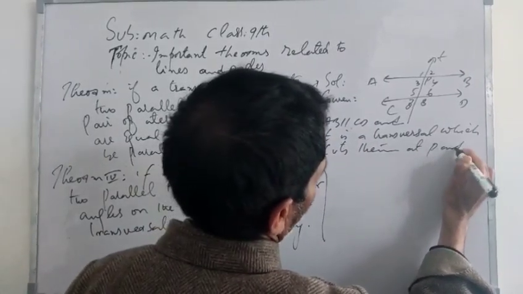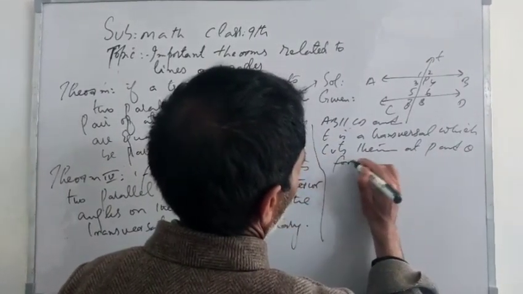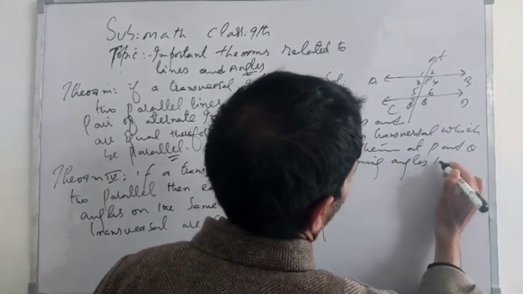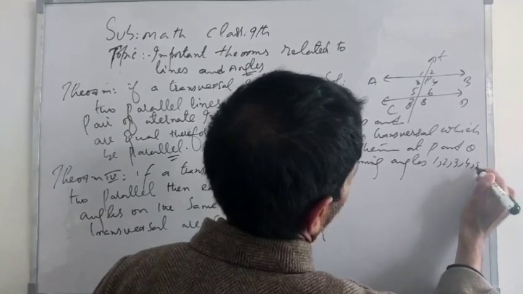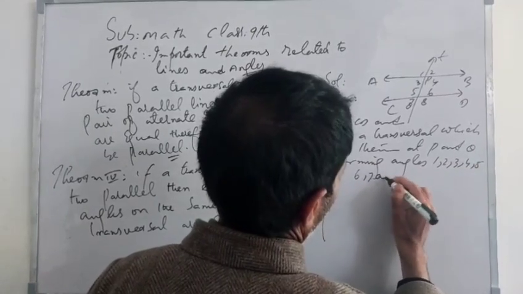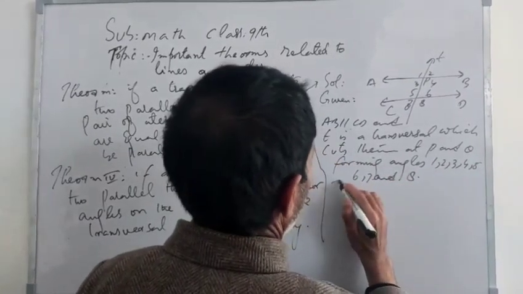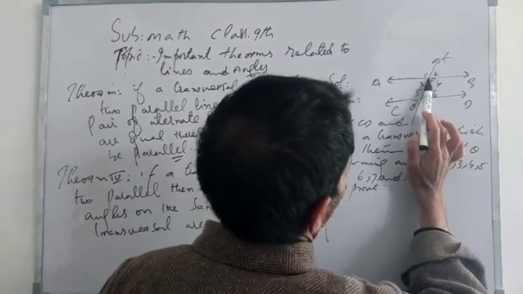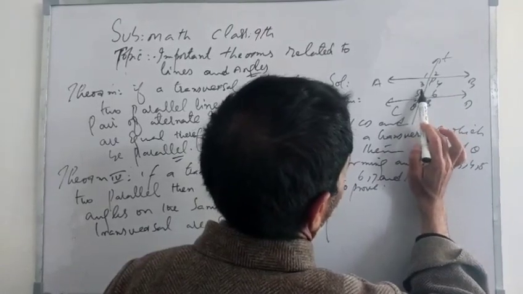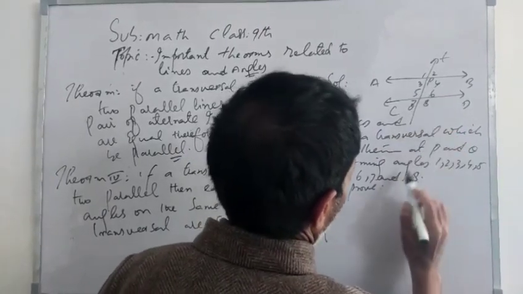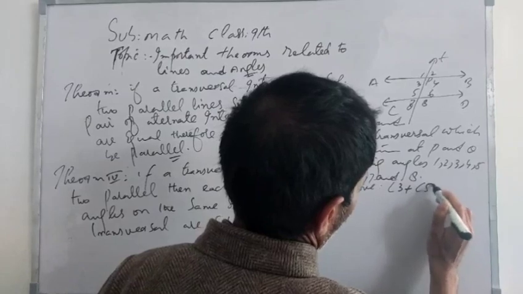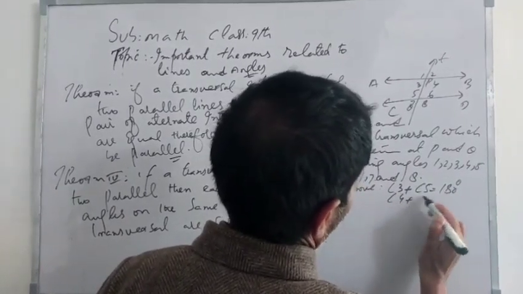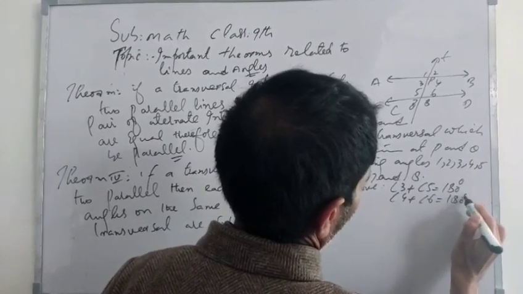To prove, on the same side of the transversal interior angles are 3 and 5, 4 and 6. We have to prove that angle 3 plus angle 5 is equal to 180 and angle 4 plus angle 6 is equal to 180.